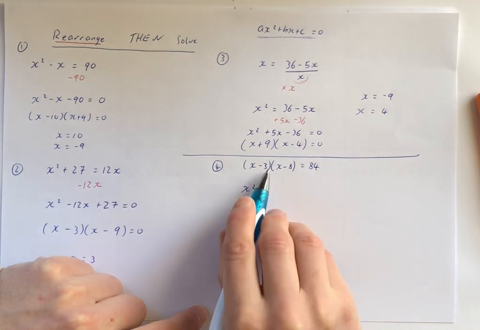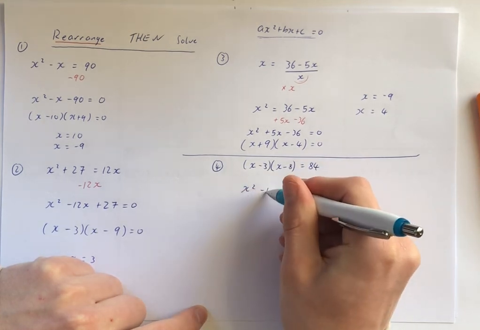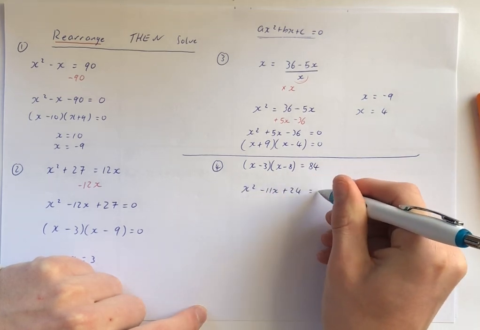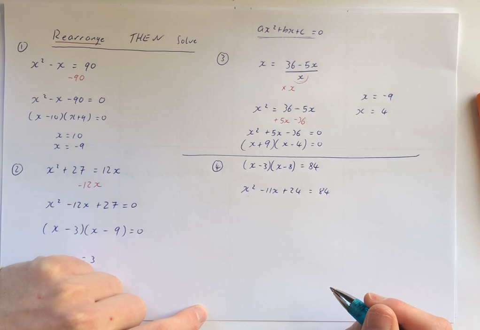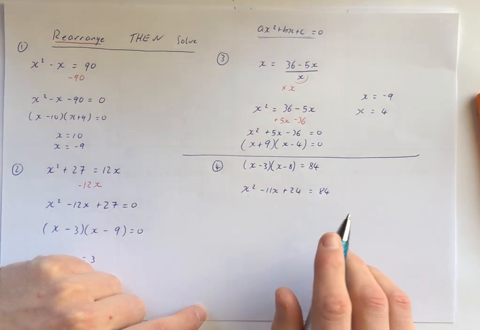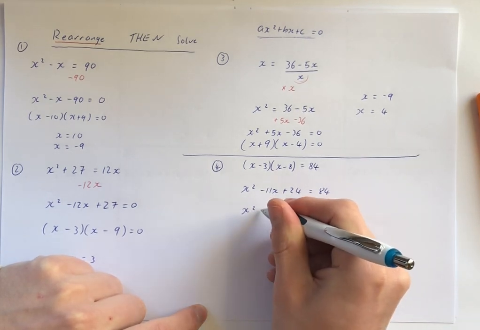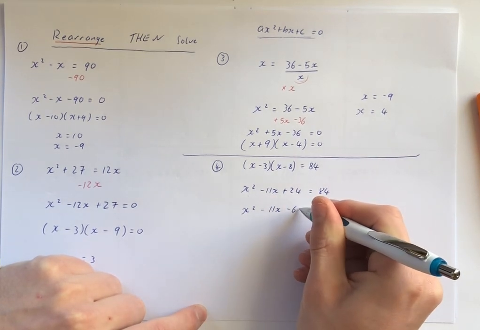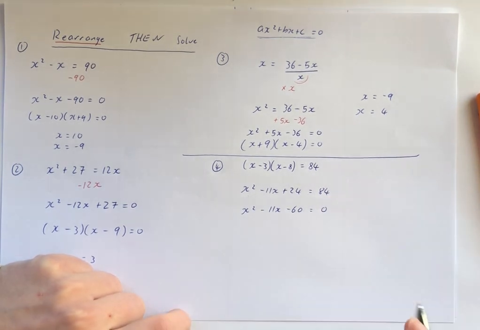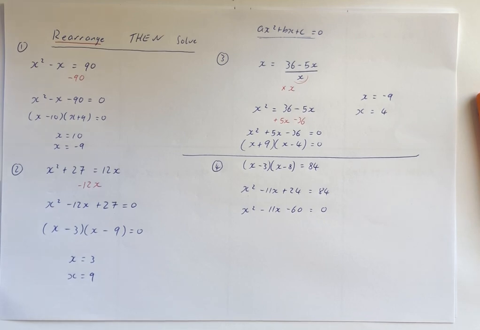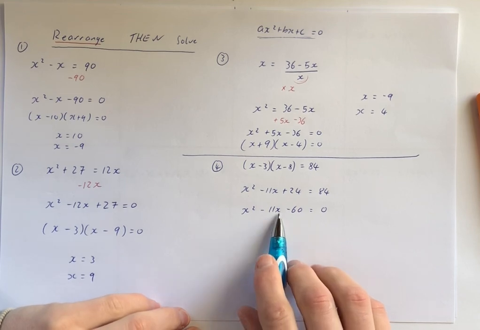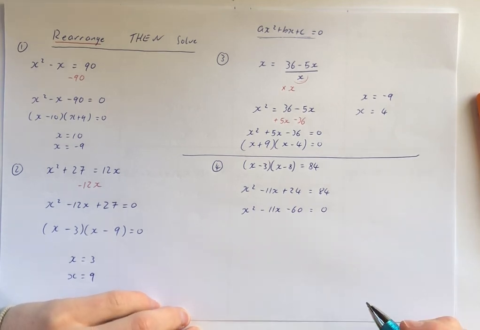x squared, then I'm going to get negative 3x minus 8x, so minus 11x, and I'm going to get positive 24 equals 84. Now I can subtract 84 off both sides. So x squared minus 11x minus 60 equals 0. And so I need factors of 60 that give negative 11.